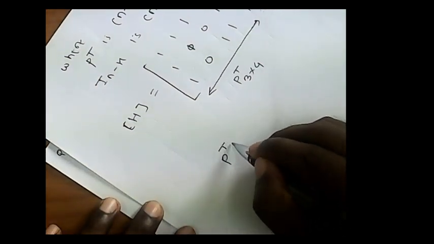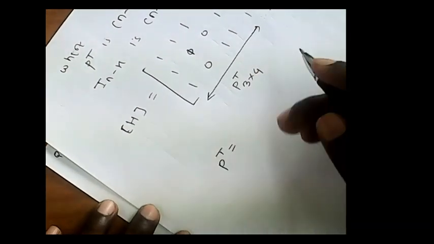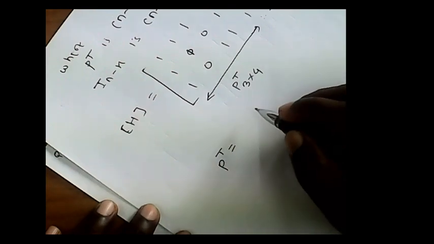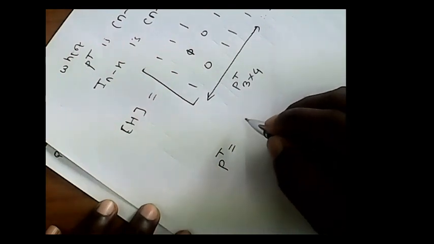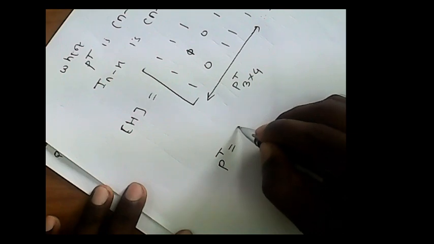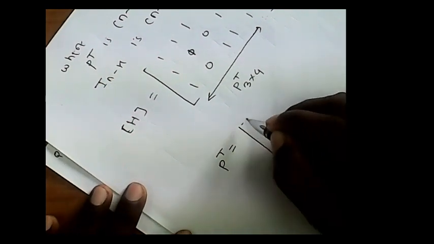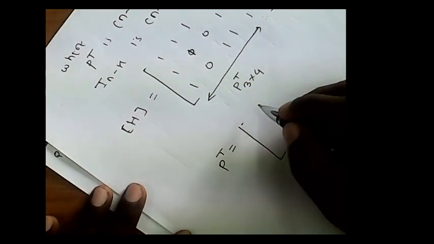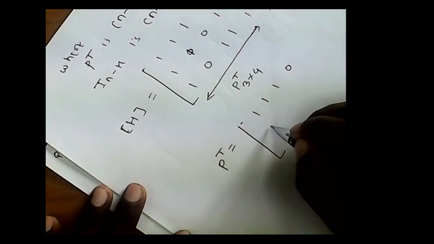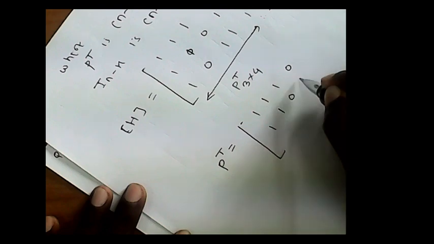So from the given matrix we get the transpose of the parity matrix of order 3 by 4: 1 1 0 1, 1 1 1 0, 1 0 1 1.